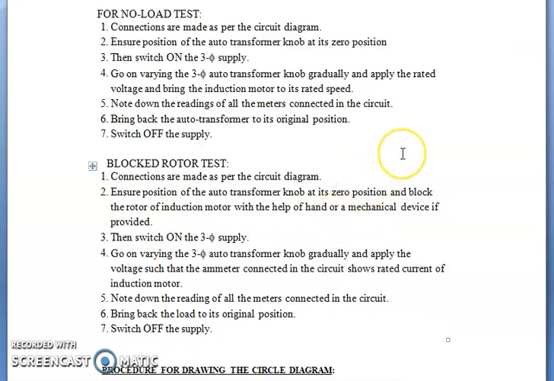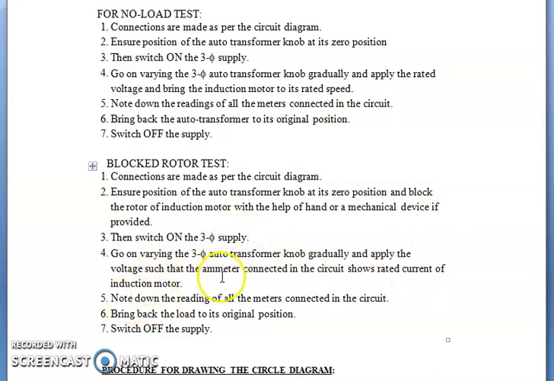Okay, then let us discuss the procedure of the block rotor test. While conducting the block rotor test, again as per the circuit diagram we have to make the connection. Then we have to ensure the auto transformer position is at 0, then block the induction motor with the help of hand. In this case we are holding the rotor of the induction motor by hand, but an alternate way is using a mechanical loading arrangement. The shaft of the machine can be blocked. Then we have to switch on the three phase power supply, then go on varying the three phase auto transformer knob gradually.